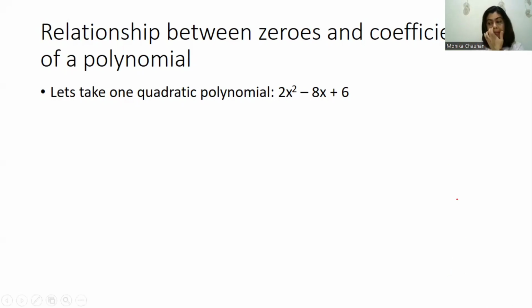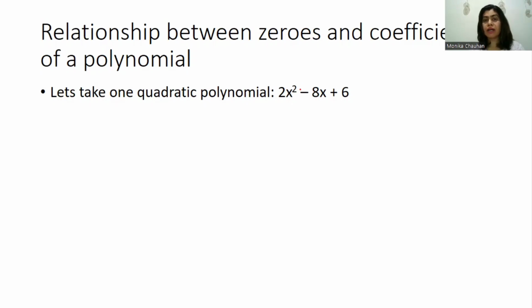If you look at this one, 2x squared minus 8x plus 6, I hope you remember in class 8 and 9, you factorized such polynomials using middle term splitting. Do you remember that?